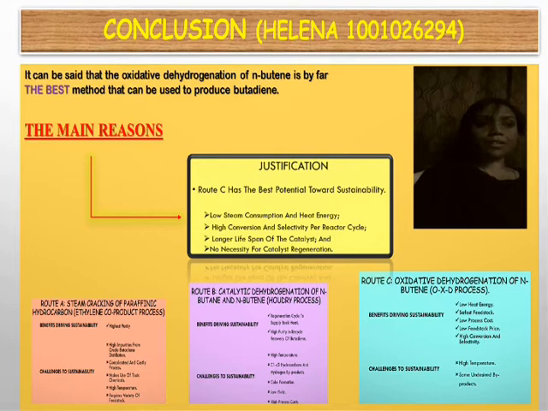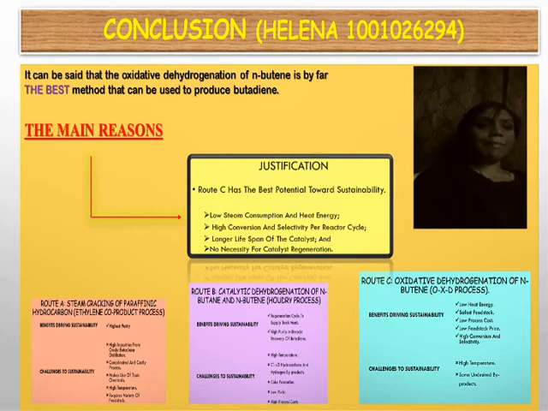The oxidative dehydrogenation of N-butene is chosen in comparison to steam cracking of paraffinic hydrocarbon simply because the steam cracking of paraffinic hydrocarbon is a complicated process and it is a costly process. It requires a variety of feedstock.